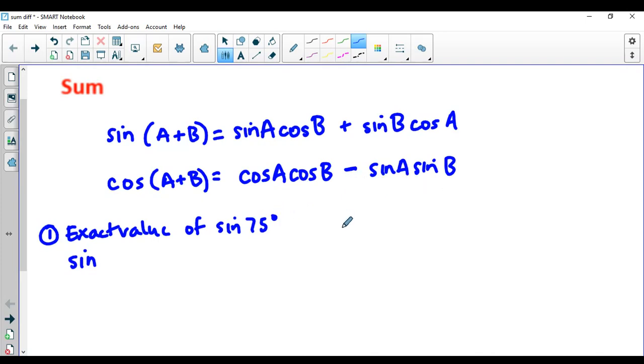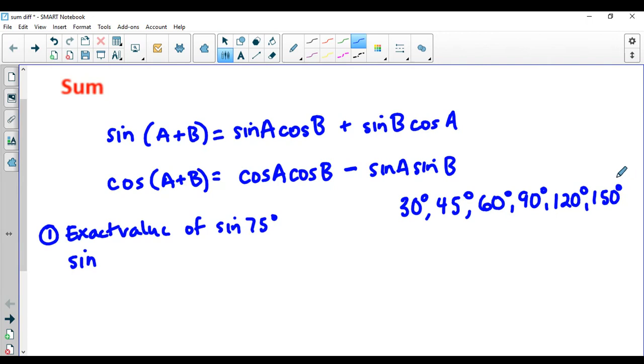Just quickly, I'm going to list all the angles that are on the unit circle in degrees. 135 is also there, 150, 180.